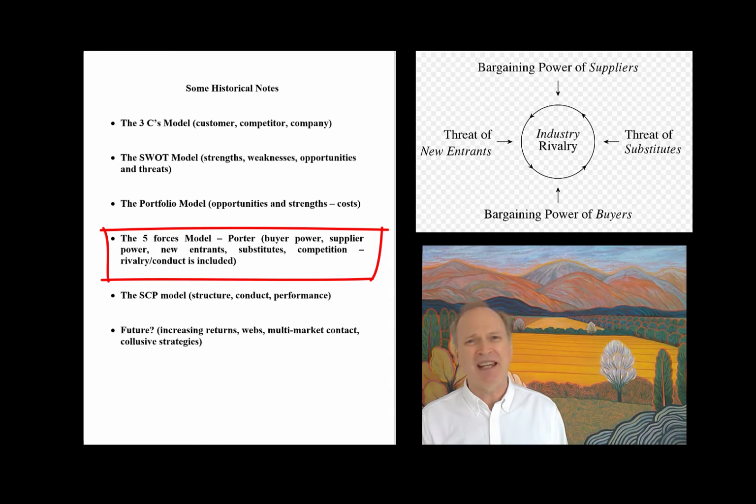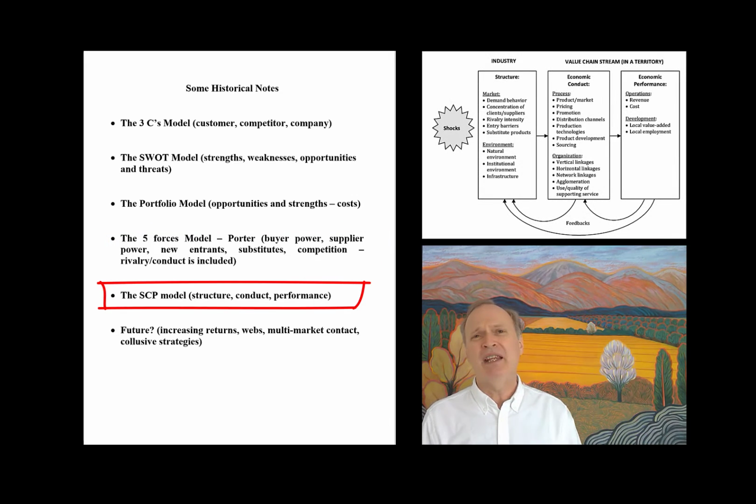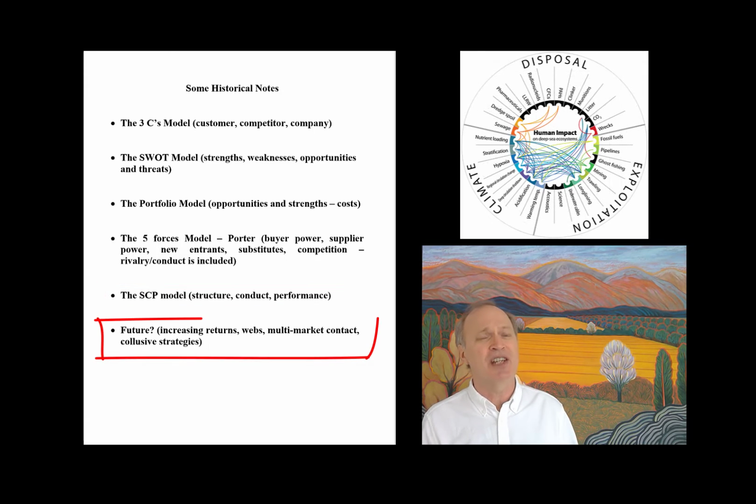Move forward a little bit, now we're talking about the 1990s or so, and the SCP framework, a framework that was really from the 1950s and before on regulation, how to detect a monopoly used by government officials in the United States. McKinsey and Company had adopted this framework, adding a couple of feedback loops, and it became a very important framework for explaining profitability and industry dynamics. A wonderful, wonderful framework. That then has been eclipsed with a number of other frameworks dealing with ecosystems and strategic webs.